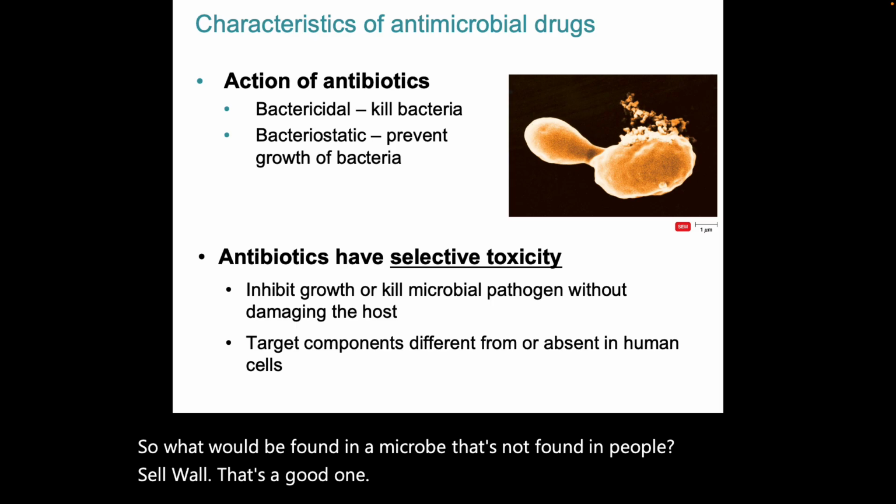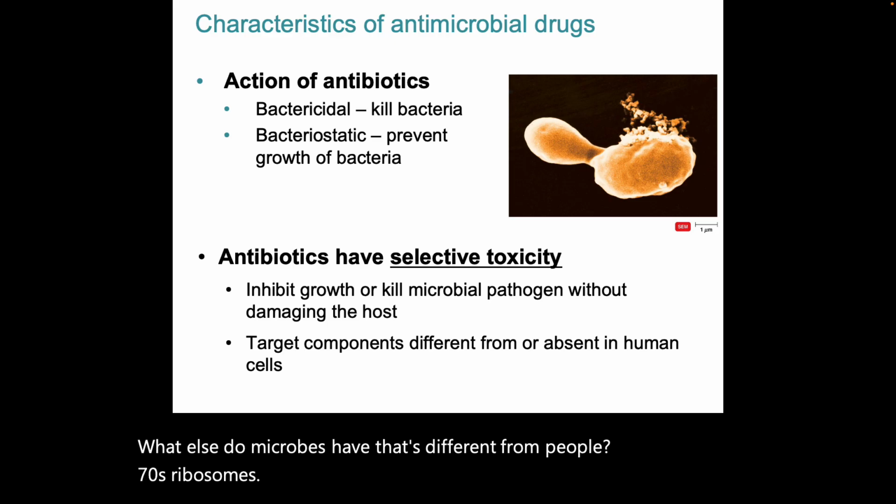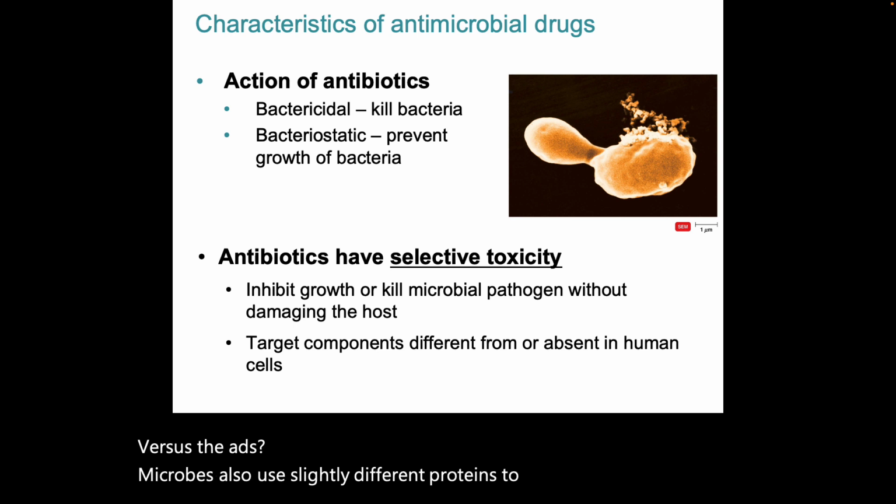What else do microbes have that's different from people? 70S ribosomes versus the 80S. Microbes also use slightly different proteins to replicate their DNA and to do transcription.